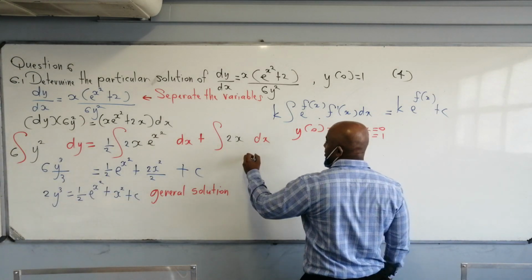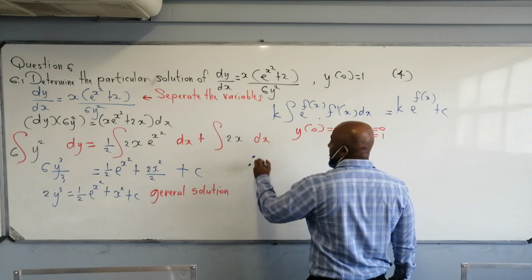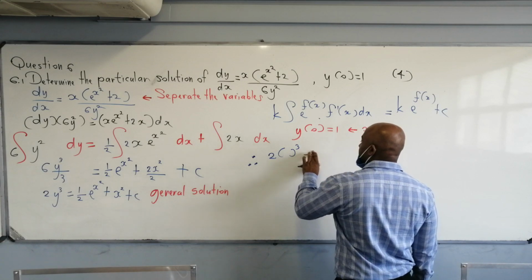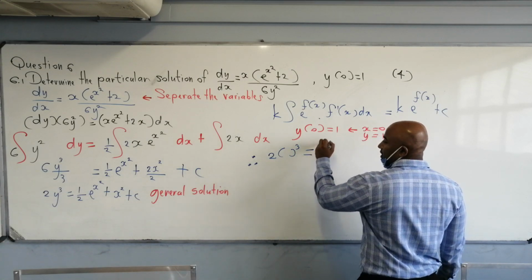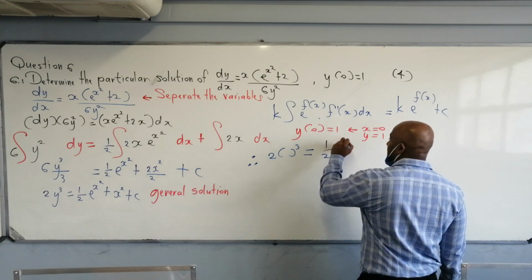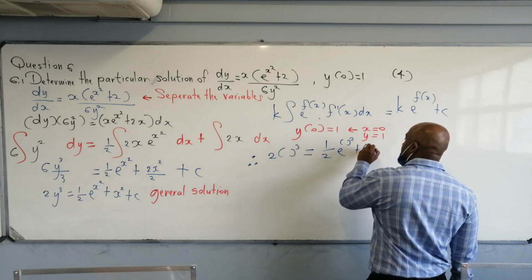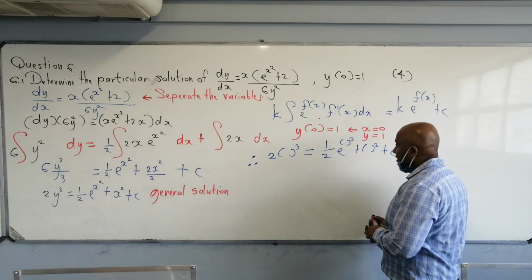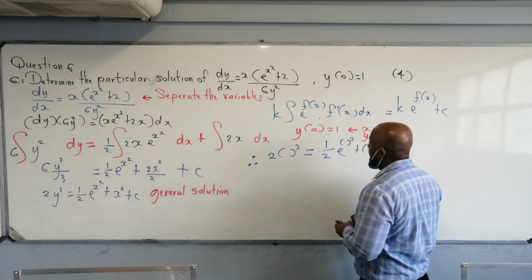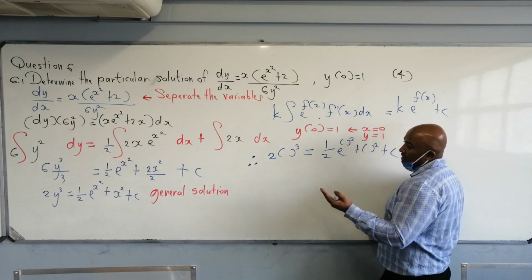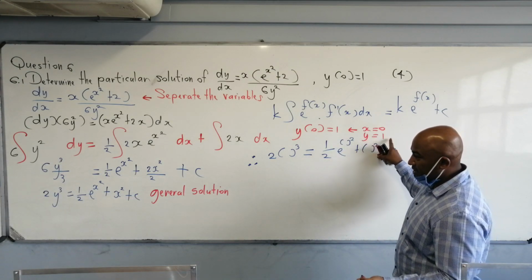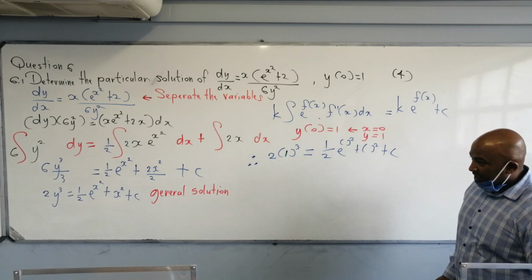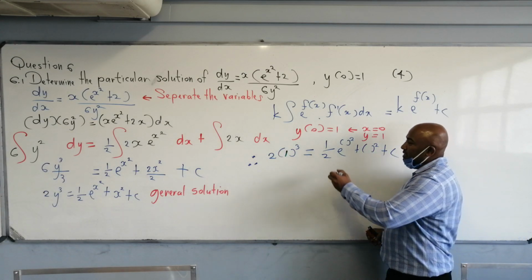So I got 2y cubed is equal to 1 over 2 e to the power x squared plus x squared plus c. Wherever we see y, we're going to replace it with 1, which is only on the left hand side. Wherever you see x, you're replacing it with 0.